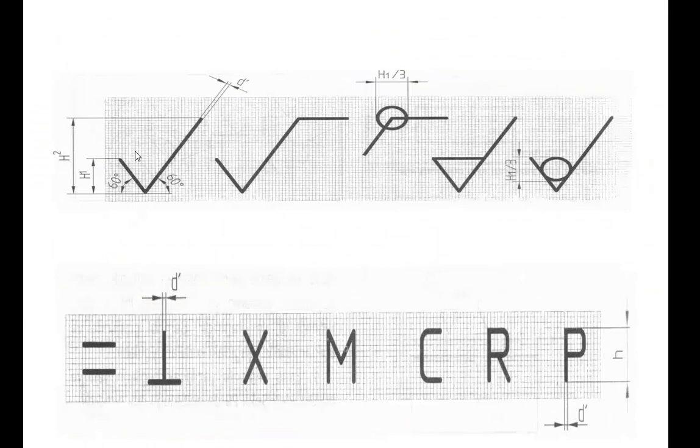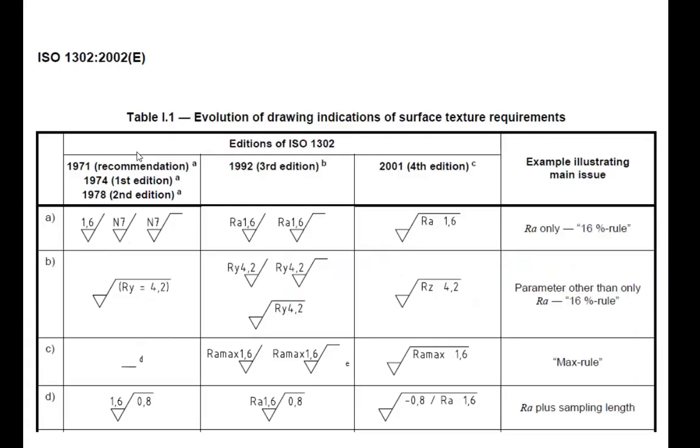So the standard has been updated in 1974, and then the second edition was published in 1978. The old version of the standard says that the number written over here is the roughness height. We have N codes.